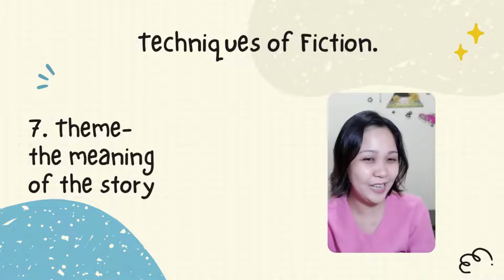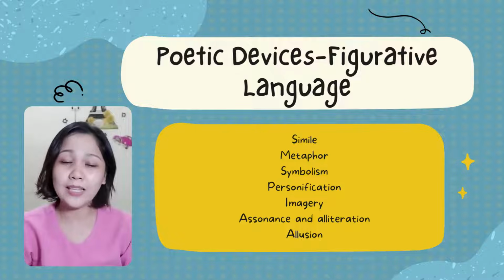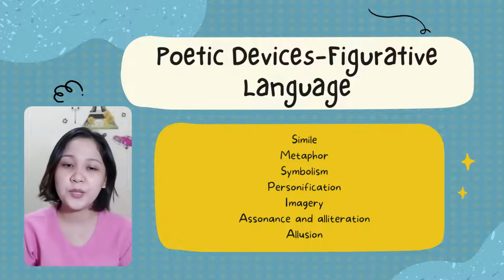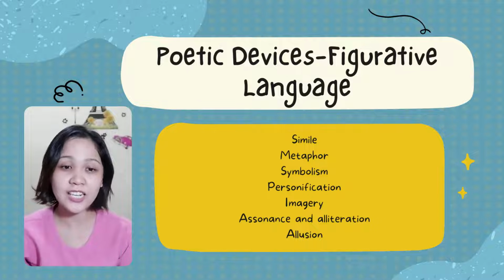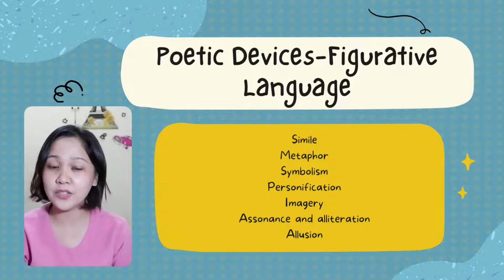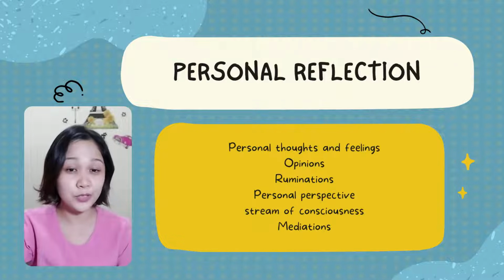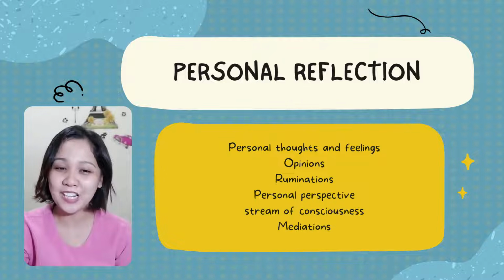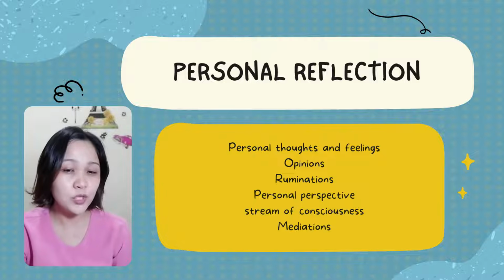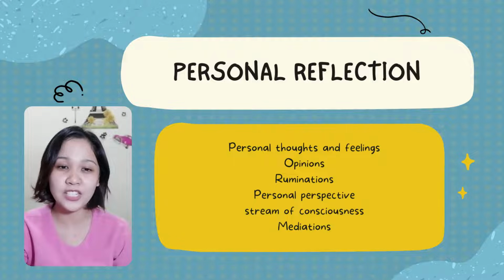Theme. The meaning of the story. Poetic devices, figurative language. Simile, metaphor, symbolism, personification, imagery, assonance and alliteration, allusion. Personal reflection. Personal thoughts and feelings, opinions, ruminations, personal perspective, stream of consciousness, meditations.